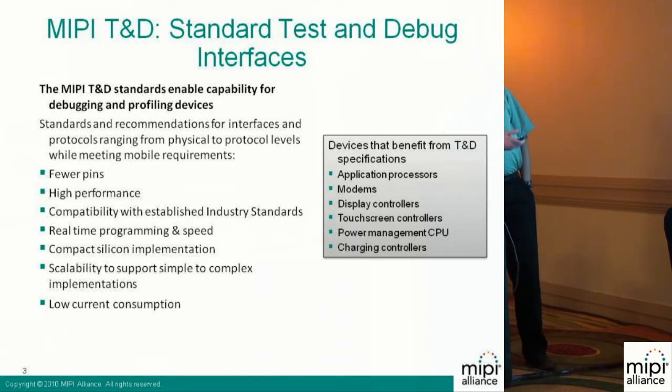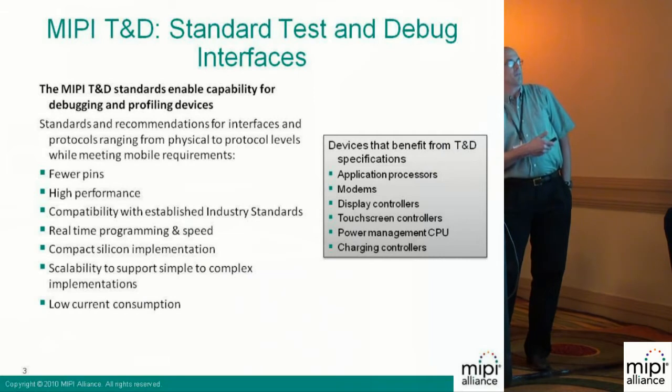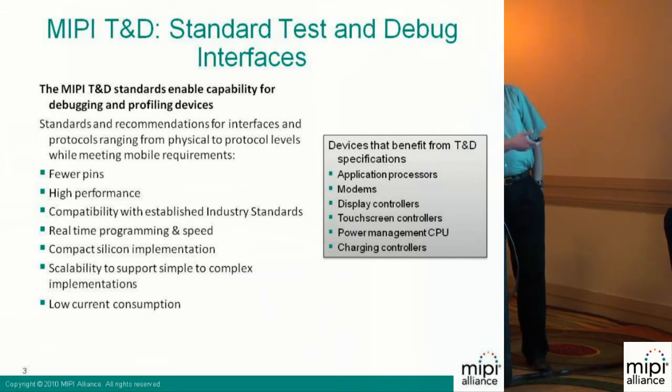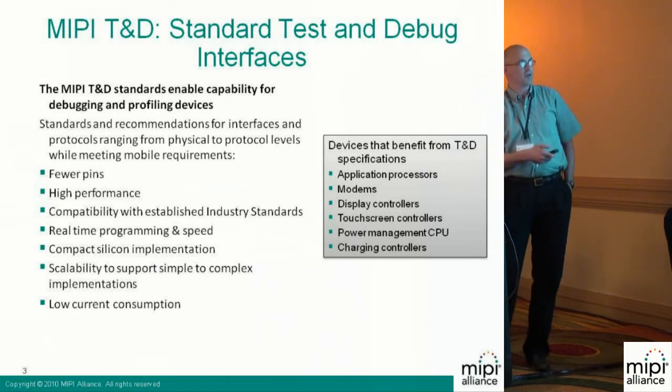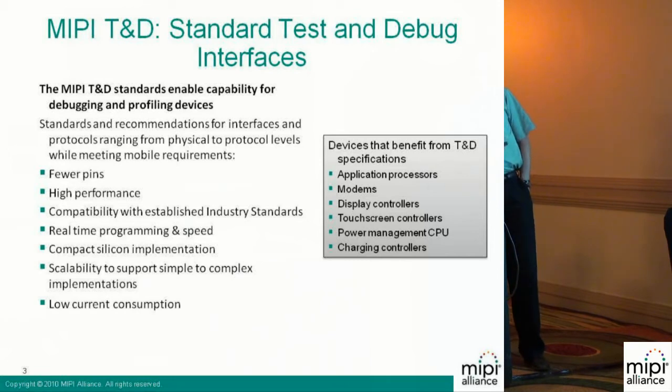And the idea of being within the MIPI space is that since there are intelligent agents in many different parts of a modern smartphone, the debug is spread across multiple parts of your system, so it's quite useful for all parts of a smartphone system or any kind of intelligent mobile system.